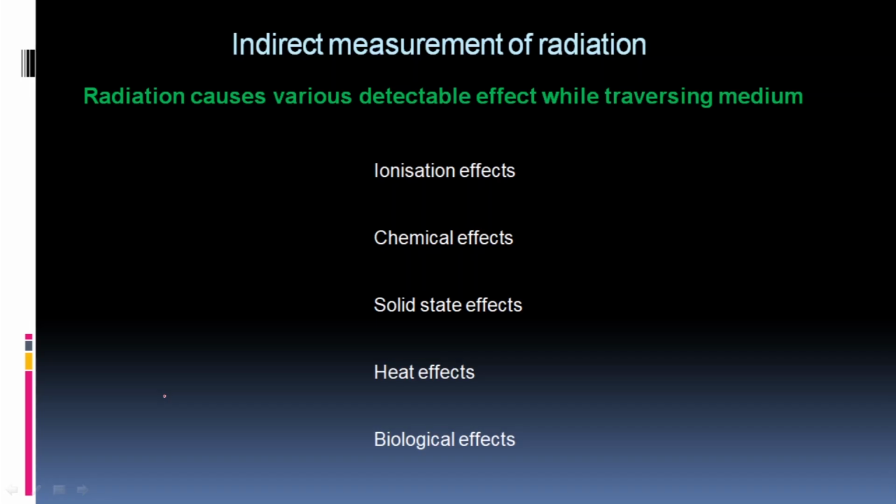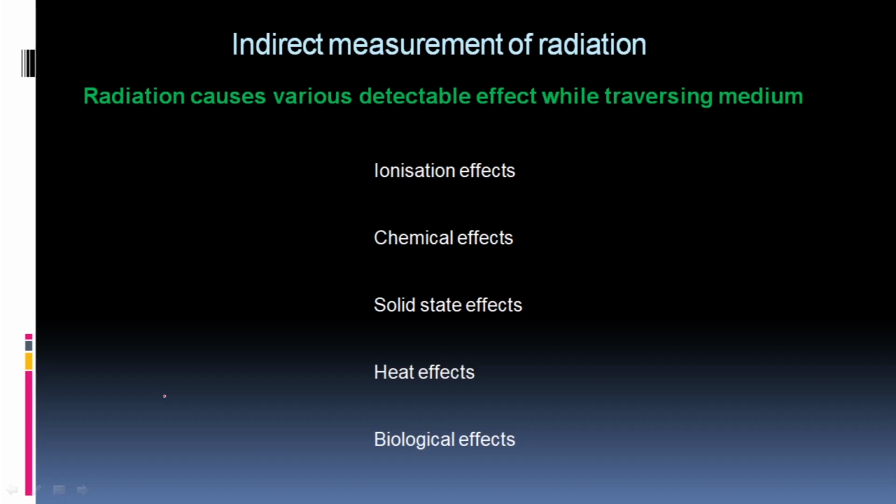Radiation causes various types of effects, and if these effects are detectable, we can measure the radiation by using an indirect measurement system. This is an indirect measurement system because we do not directly measure the radiation; we measure the detectable effect of the radiation while traversing any material medium.